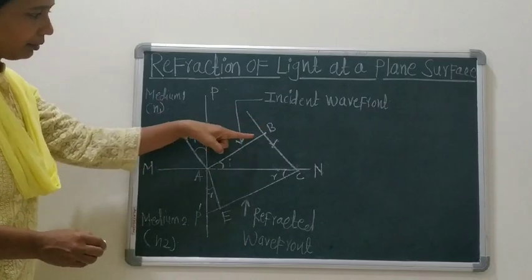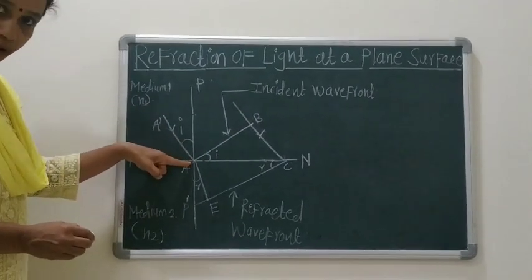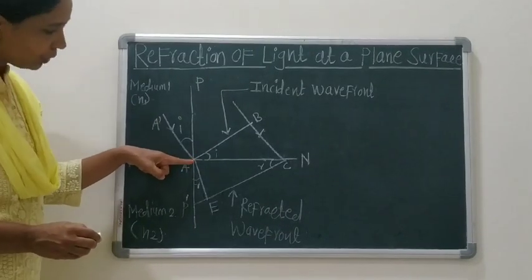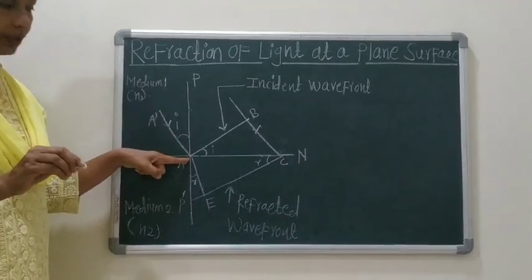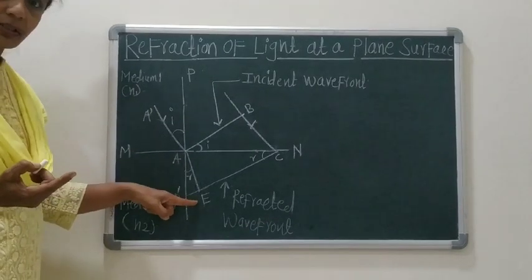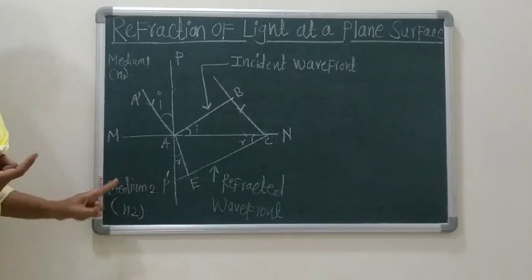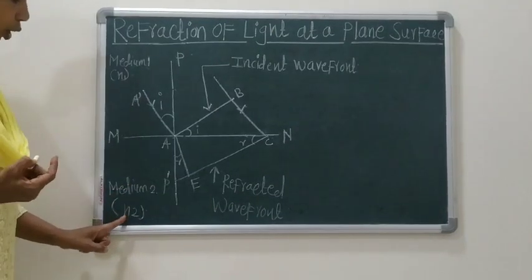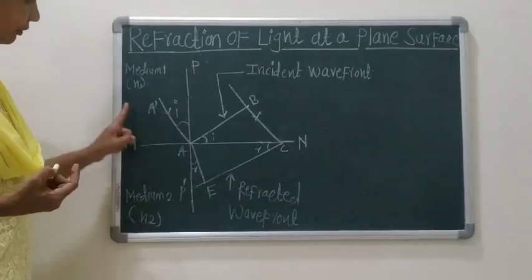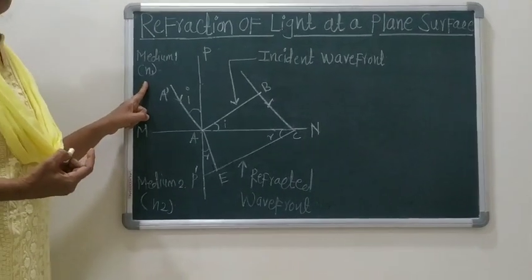This plane wavefront AB is obliquely incident at point A. As soon as it touches, point A becomes the secondary source and it emits the secondary waves in the second medium, that is a denser medium of refractive index N2. In the first medium, the refractive index is N1.